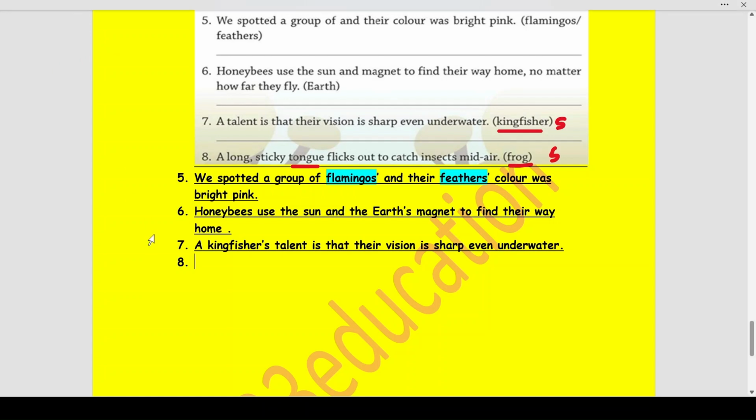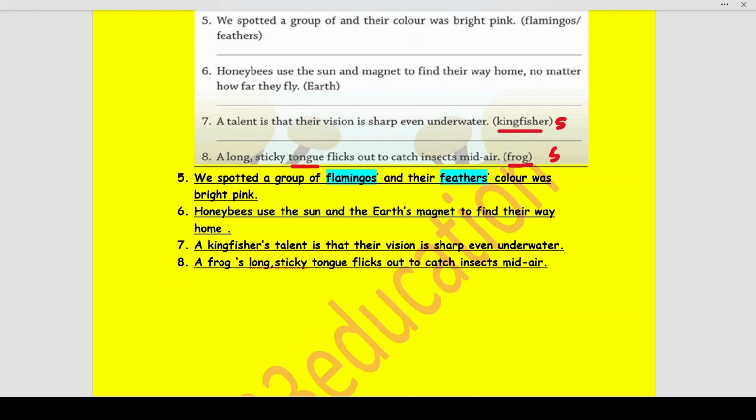We will write a frog's, singular noun so apostrophe S, a frog's long, sticky tongue flicks out to catch insects midair.